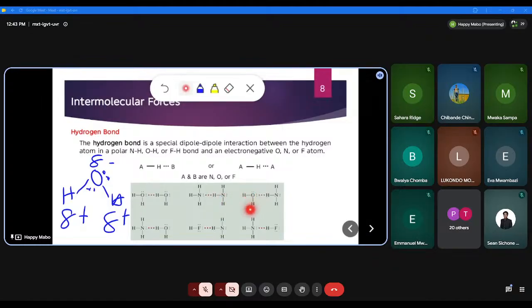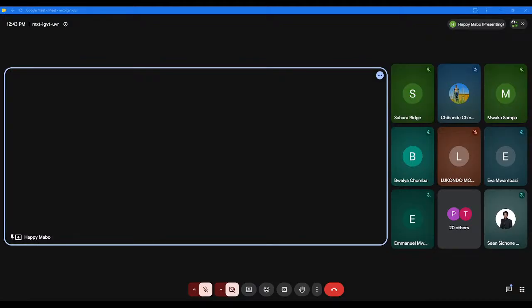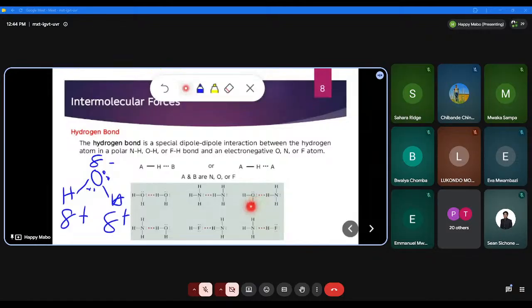The same thing can happen when you have the lone pairs of electrons on the water molecule interacting with the partially positively charged atom of the ammonia molecule. The electrons on ammonia can interact with water molecules. The lone pairs of electrons on fluorine in hydrogen fluoride can interact with the hydrogen atoms of ammonia, and the trend just goes on like that. So this is the way hydrogen bonding comes about.